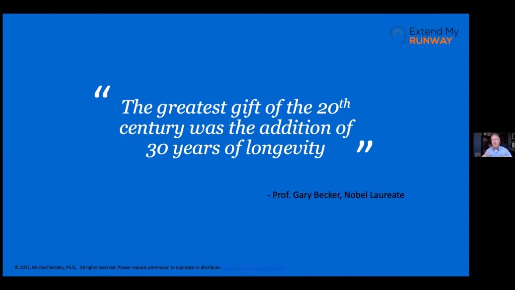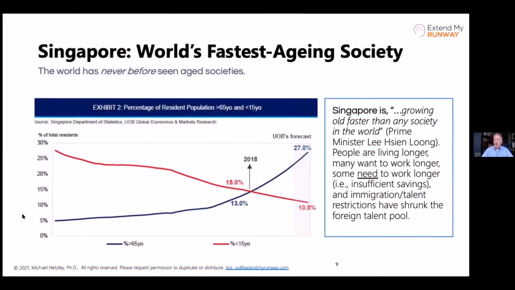And that's primarily because of physical health. Maybe we're exercising a little more, maybe we're eating a little more nutritiously, but medical care has dramatically improved. Pharmacology is allowing people to take drugs and live longer. Need a blood thinner? We've got it for you. But all of this adds up to a longer life.